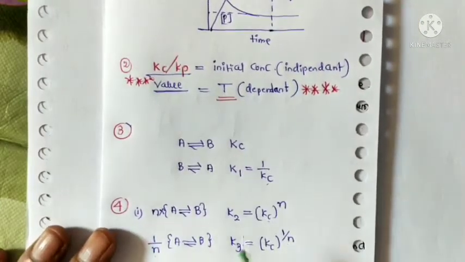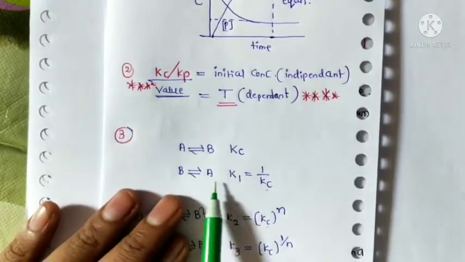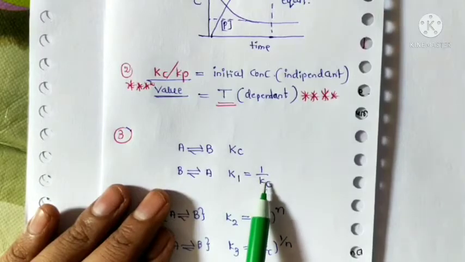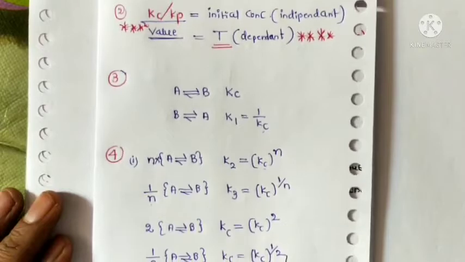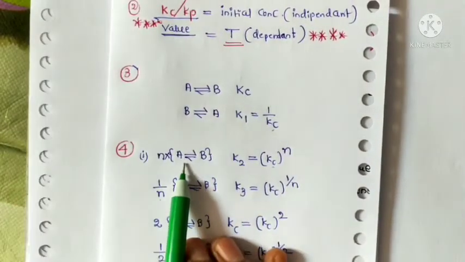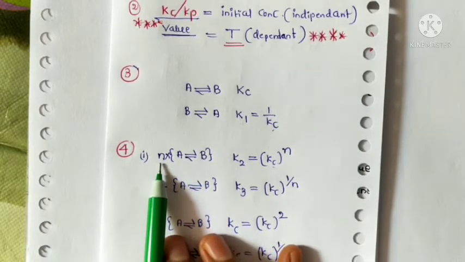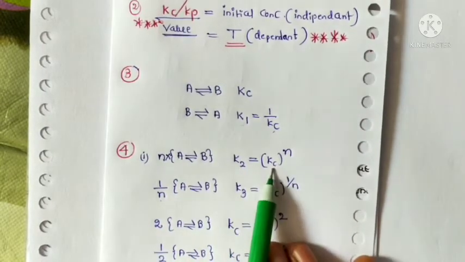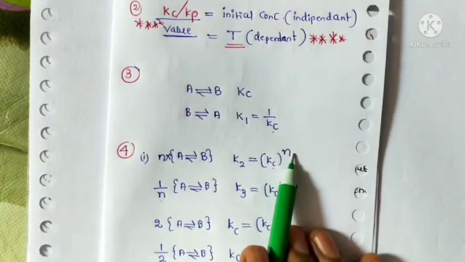Next, the new equilibrium constant for the reverse reaction is the inverse of the equilibrium constant for the forward reaction. So whenever a chemical reaction equation is multiplied by a simple integer n, then the new equilibrium constant is exactly equal to the equilibrium constant to the power of n.